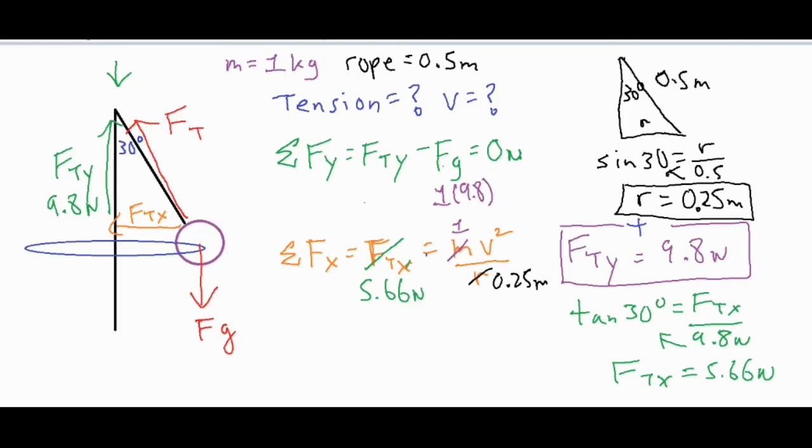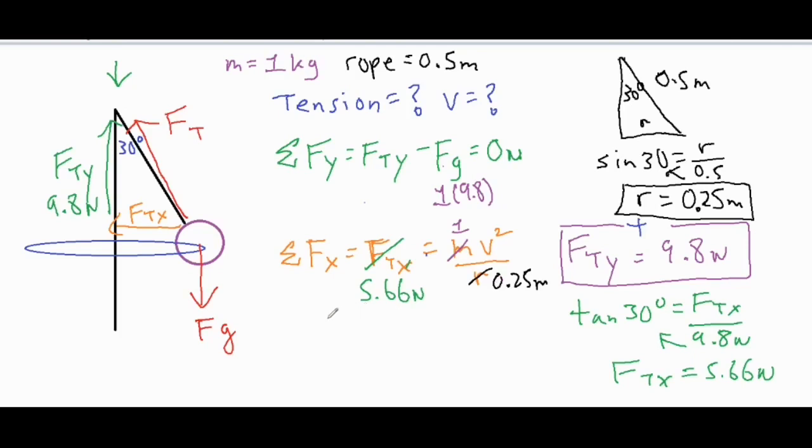So if we wanted to solve for everything we need, we can go ahead and solve for that velocity first. It doesn't matter. We could solve for the tension first or the velocity first. So let's go ahead and solve for the velocity first.